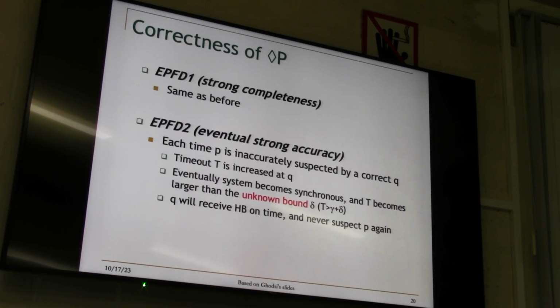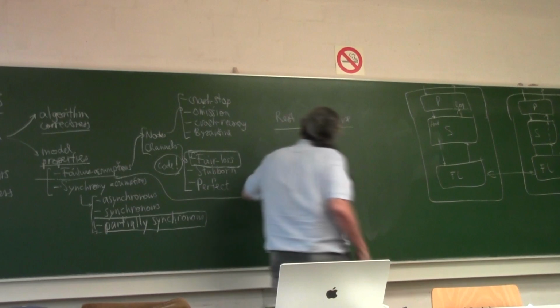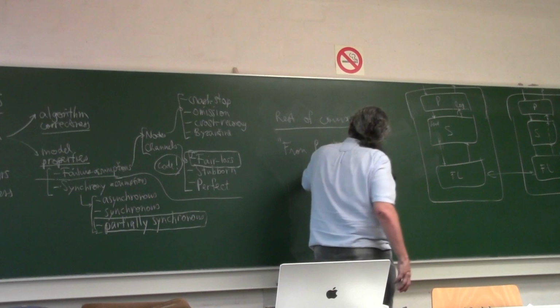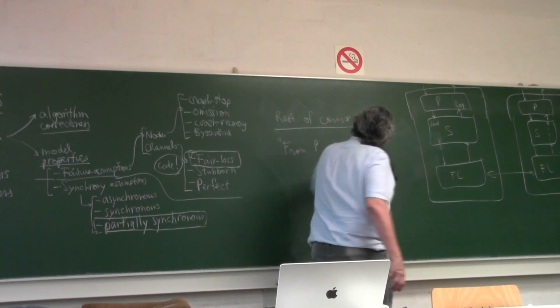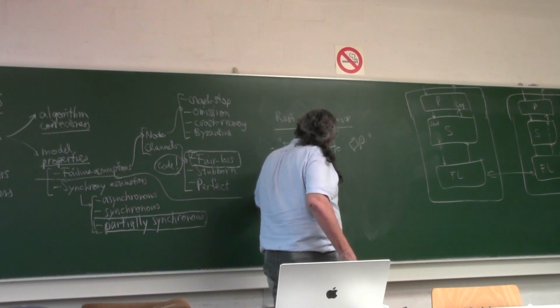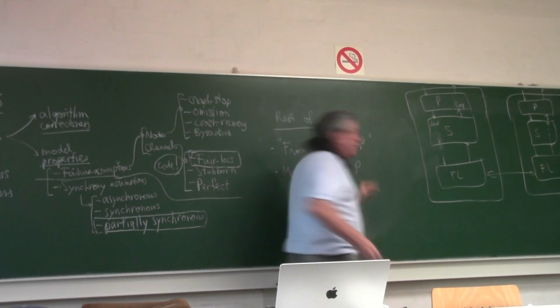Okay, so now you've seen P and eventually P. Now I have to say something about the course. A big part of the rest of the course will be organized like this. The slogan: from P to eventually P. The idea is we start by making an algorithm that works in the case of the perfect failure detector.